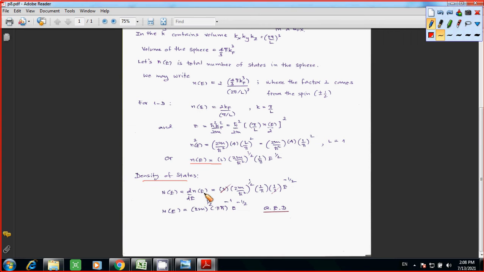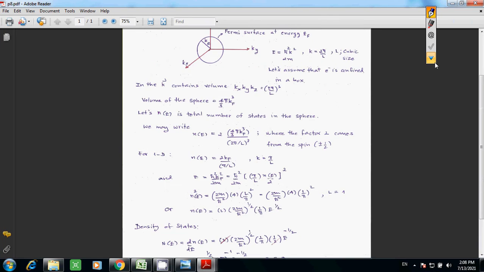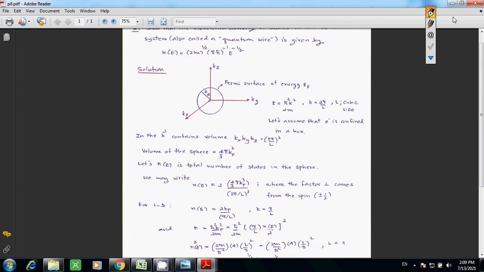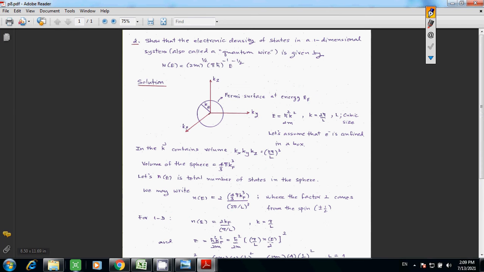You just differentiate, and you have g(E) equal to this expression, same as given in the problem. So you already verified how to get the density of states. That's problem number 2.